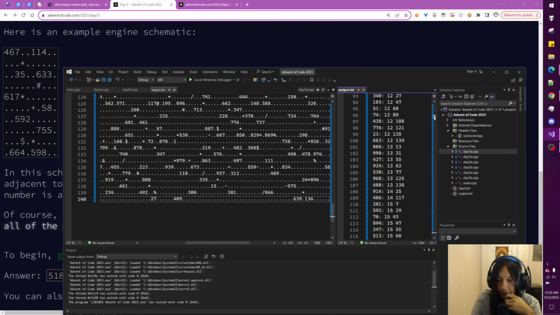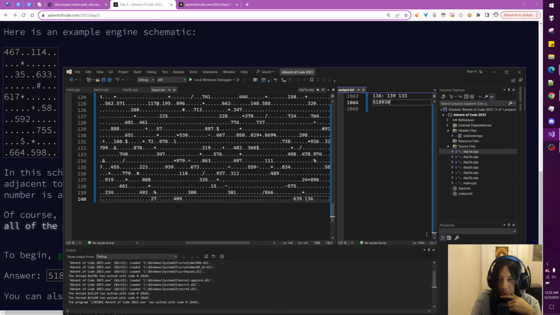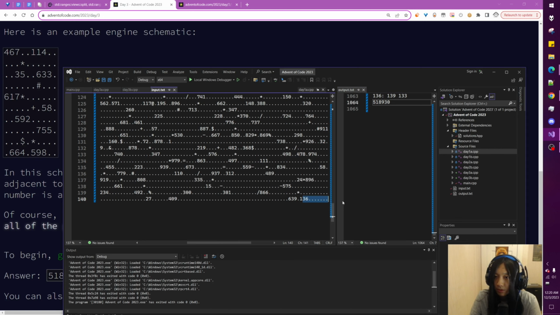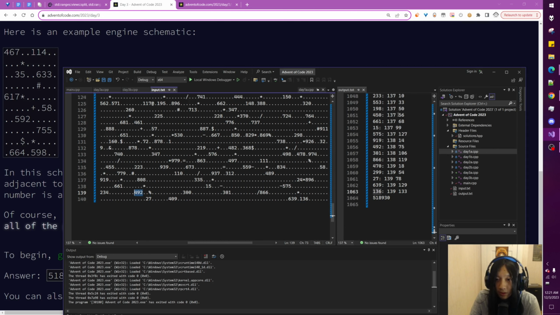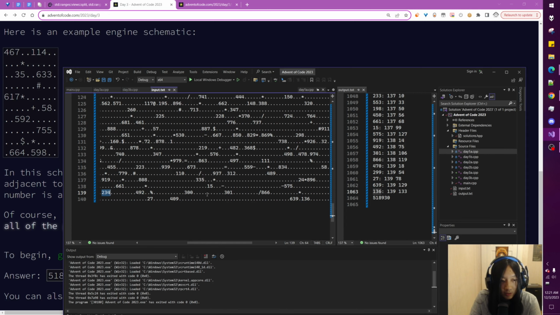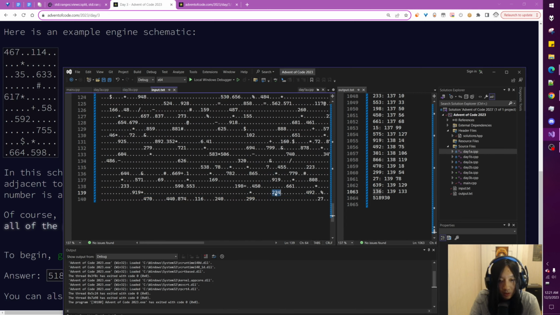Let's see if any of these numbers are too large. They are fairly small. Let's do some checking. That looks good to me. It's right there. 827 looks good. 492 looks good. 234 is... 919.